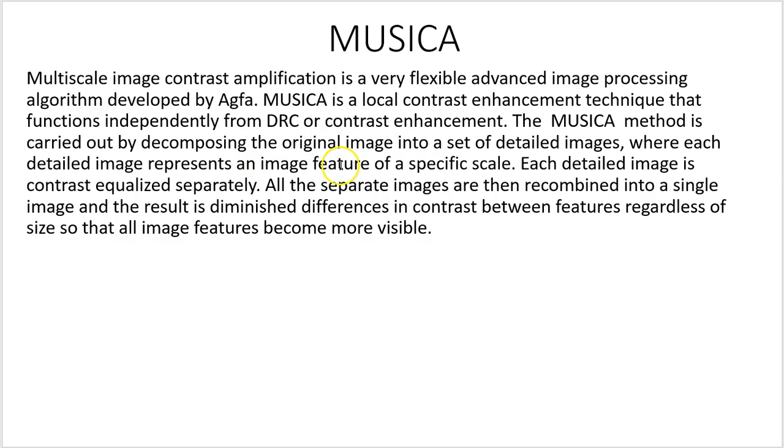It decomposes the original image to a set of detailed images, basically each structure, that's the specific scale. And then each detailed image is contrast equalized separately. And then they're recombined into a single image. So each piece gets its own contrast enhancement. And that's what Musica is.